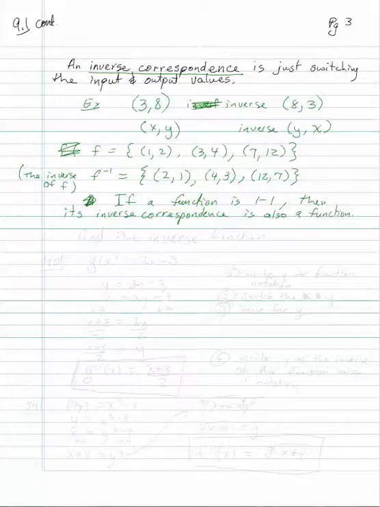So if it's not a one-to-one function, the inverse of it wouldn't be a function. So it has to be a one-to-one function for the inverse to be a function.